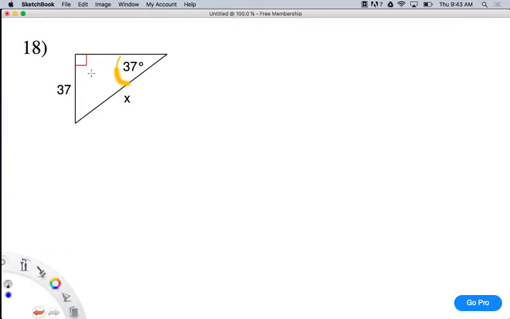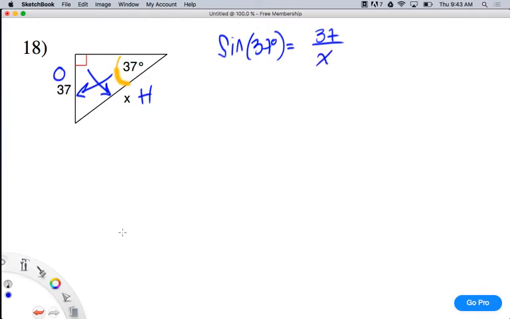Identify our hypotenuse here. And then identify the side that's given. That's my opposite. So it's sine or cosine? Sine. Sine of 37 degrees equals opposite, which is 37, over hypotenuse, which is x.